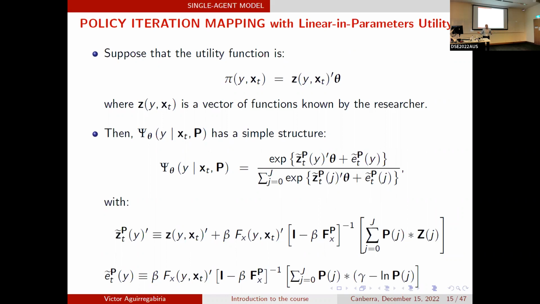Instead, if we have a value of p and a value of theta, and you tell me, I now want to evaluate this policy iteration mapping at a different value of p. What should we do? We need to evaluate z tilde and e tilde at a new value of p. If we go to the expression in the bottom here, that means that we need to change here.